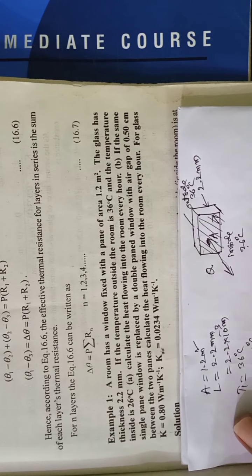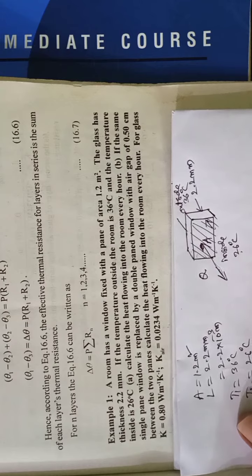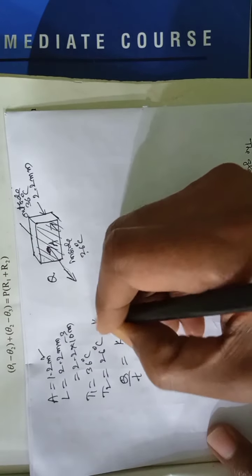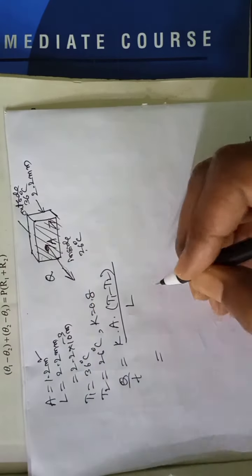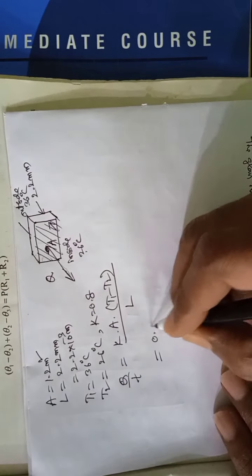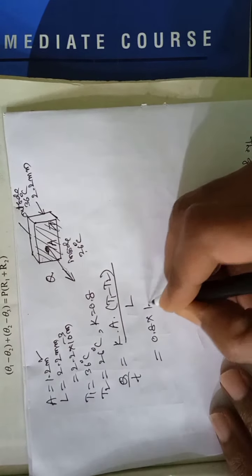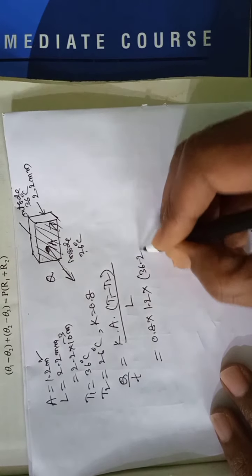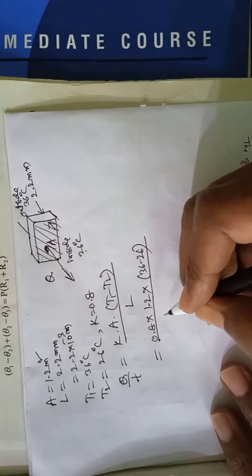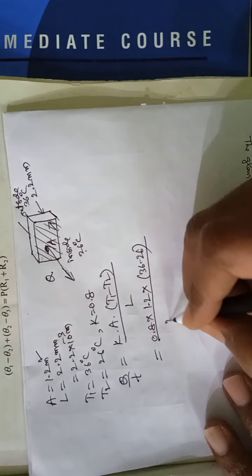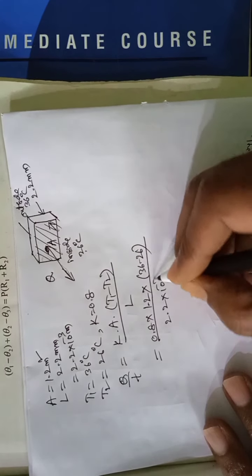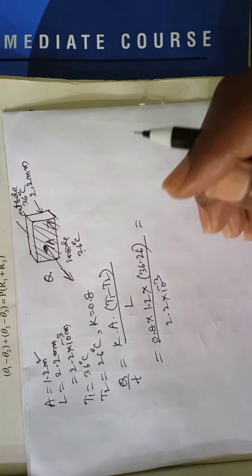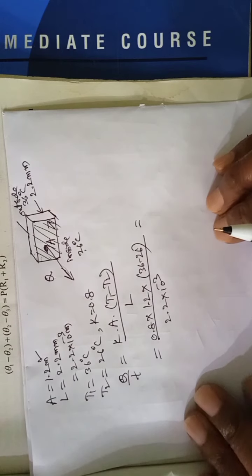K value given 0.8. 0.8 into 1.2, T1 minus T2, 36 minus 26, by L value 2.2 into 10 to the power of minus 3. So here we get the answer.